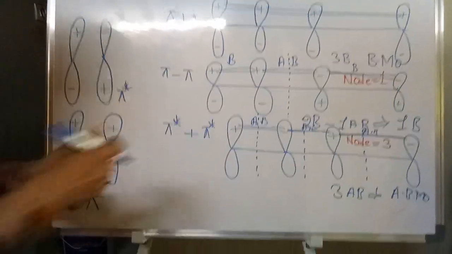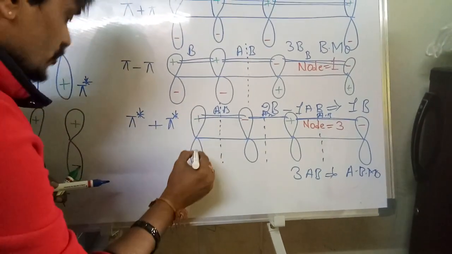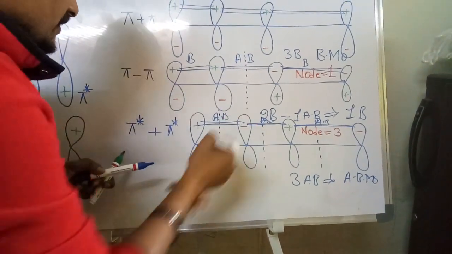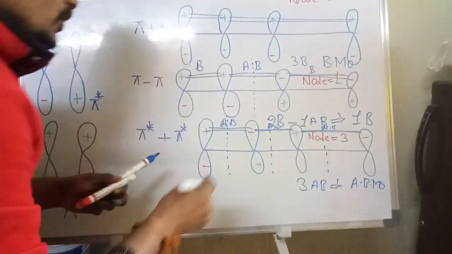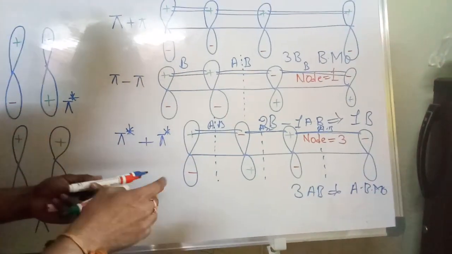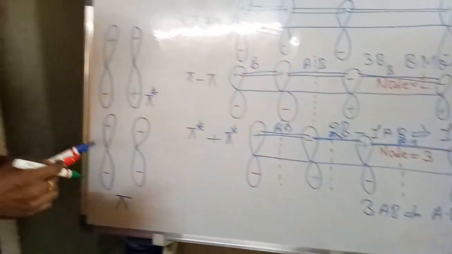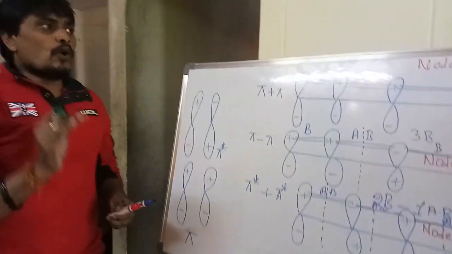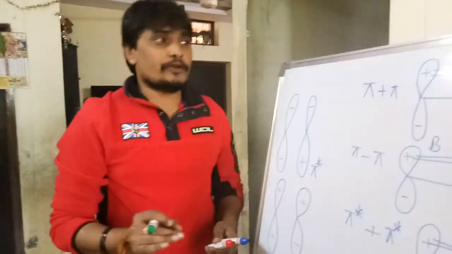Right. So I have not filled the lower lobes for this pi star, positive pi star. If it is positive, it is negative. If it is negative, it is positive. If the upper lobe is positive, the lower lobe will be negative. And if the upper lobe is negative, the lower lobe is positive. Right. Now, the number of nodes for the pi, positive pi molecular orbital is 0.